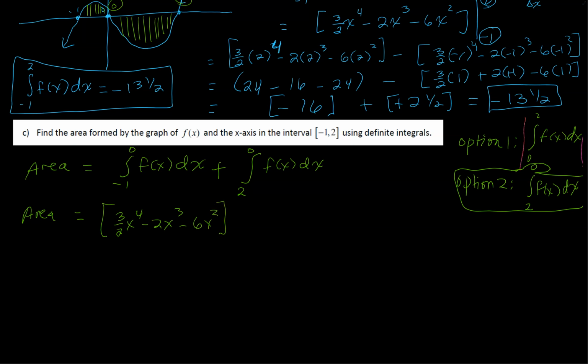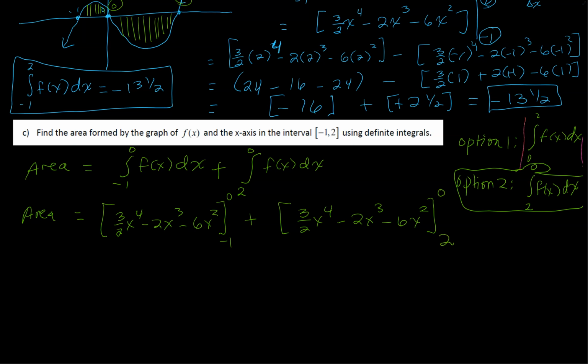And the first integral, we are evaluating that from -1 to 0, plus the second integral is 3 over 2 x to the 4th minus 2x to the 3rd minus 6x squared. We are now evaluating that from 2 to 0.